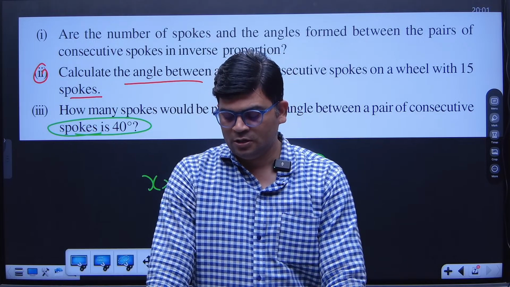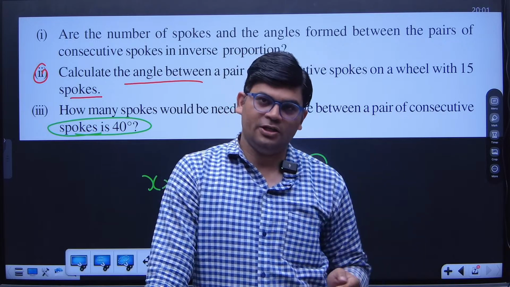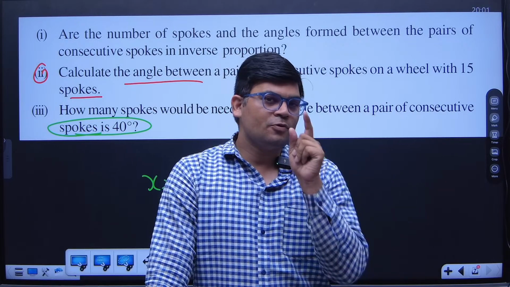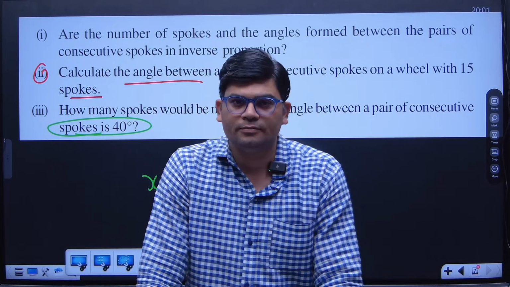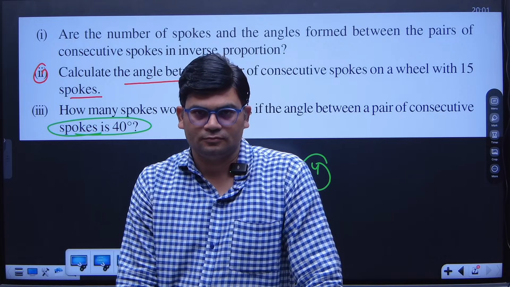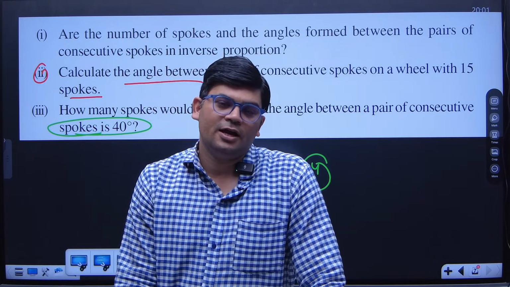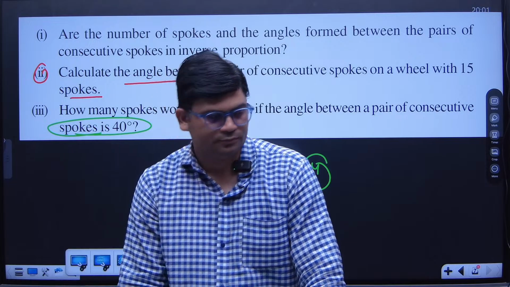Because you know the total is 360, so 360 divided by 3 blades. Okay, suppose there are 4 blades. What is the angle between each two consecutive blades? 360 degrees divided by 4, which is 90 degrees. 90 degrees. All right. Good.